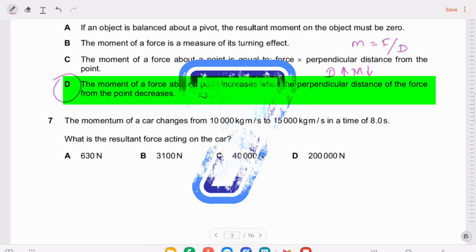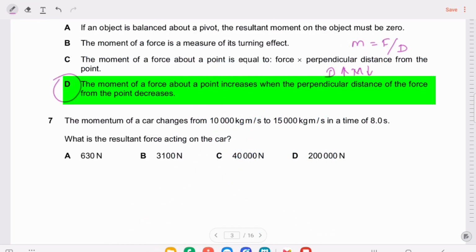The momentum of a car changes from 10,000 kg meter per second to 15,000 kg meter per second in a time of 8 seconds. What is the resultant force acting on the car? So the formula of force here is change of momentum divided by time.